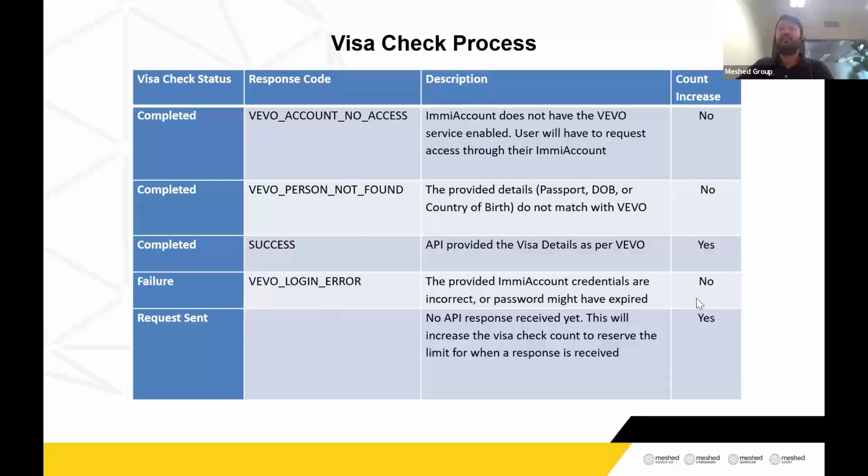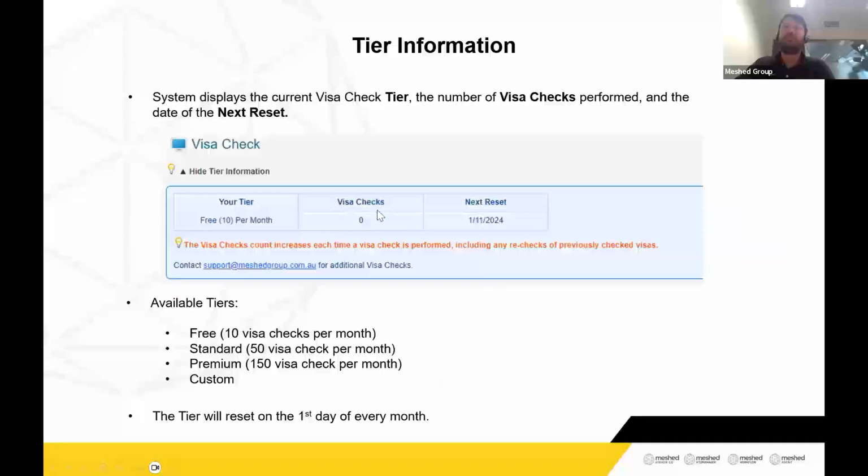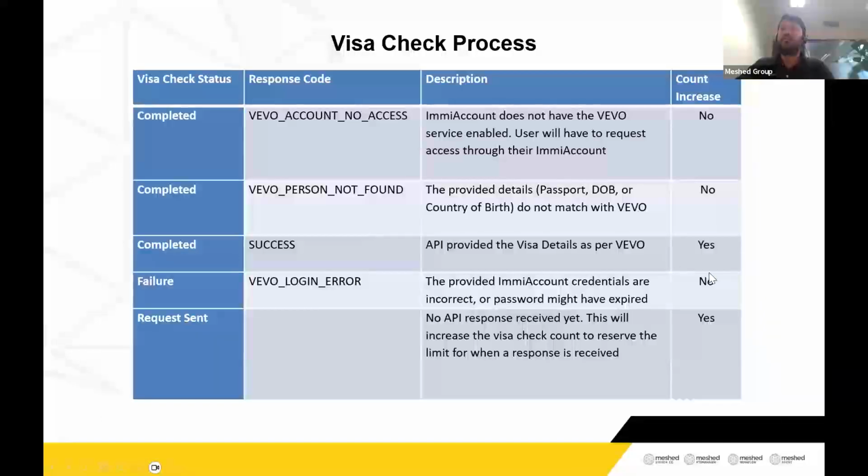Among all of these, the success one is counted towards the billing. So your visa check count, which is mentioned under this visa checks limit here, is only counted when we receive the successful message, which is this one, or the status is request sent. The request sent is just a placeholder for that visa check.